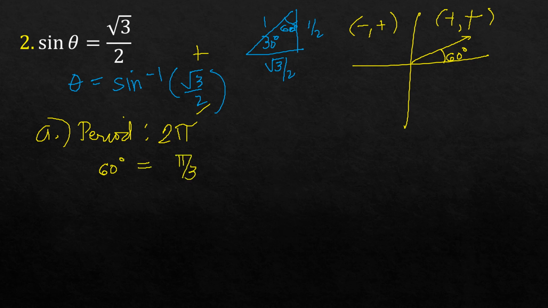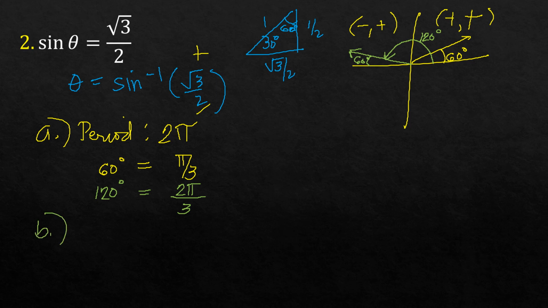Now the second solution can be solved by the idea of reference angle. The same reference angle here is 60 degrees. So 180 degrees minus 60 degrees is equal to 120 degrees. The second solution is 120 degrees, which is equal to 2 pi over 3. Now, we proceed to the general solution.